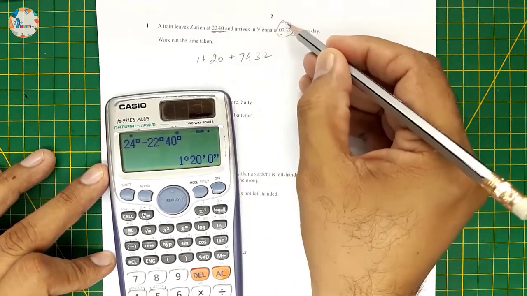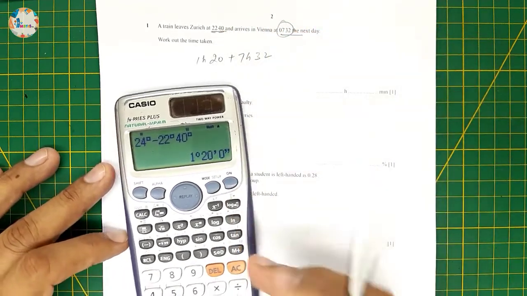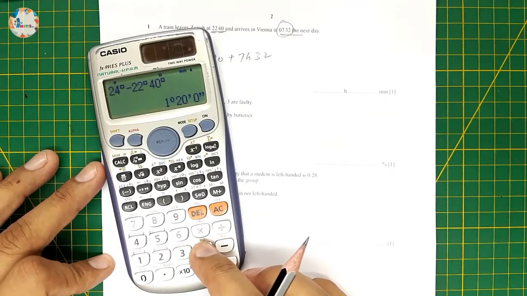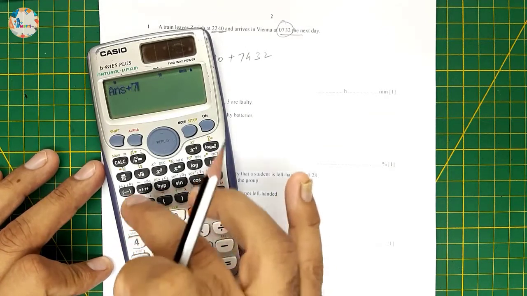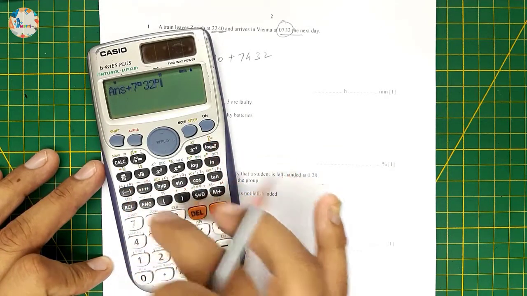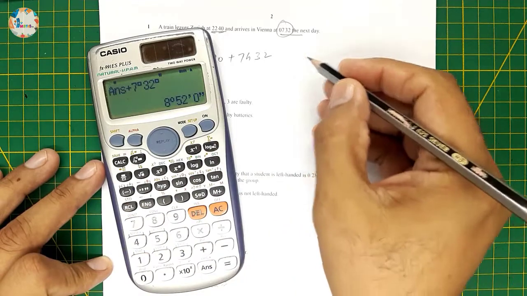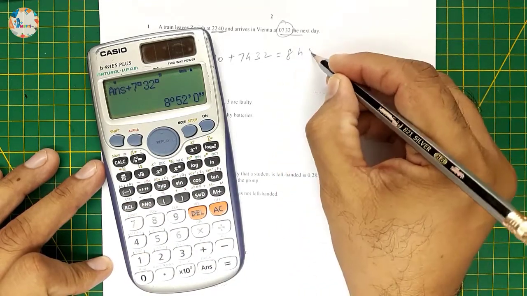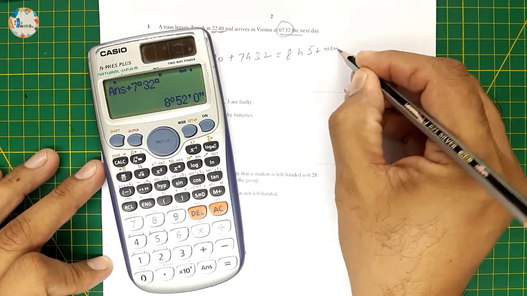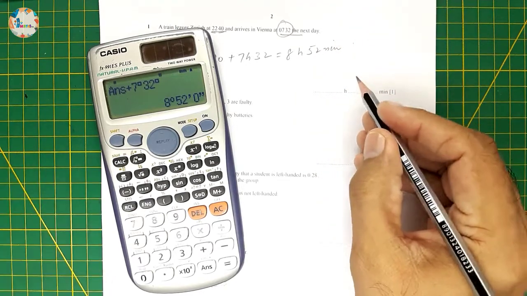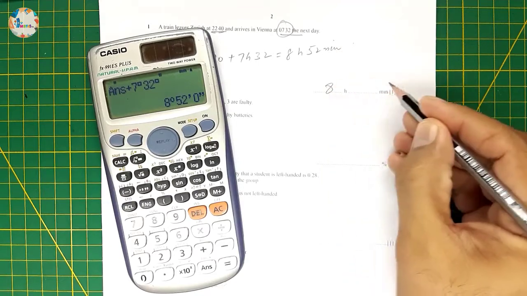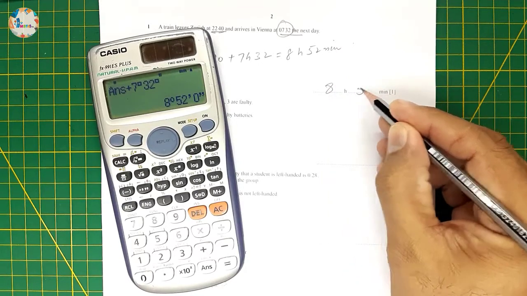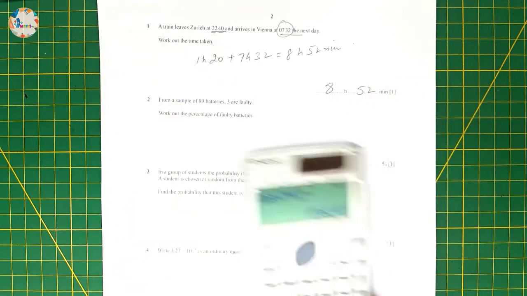This much time after 12 midnight we will add, so we will write plus 7 hours and 32 minutes, and our answer will be 8 hours and 52 minutes. We can write here 8 hours and 52 minutes.